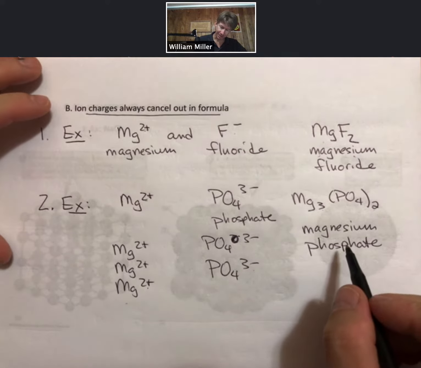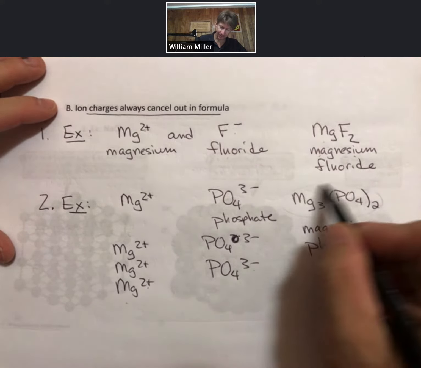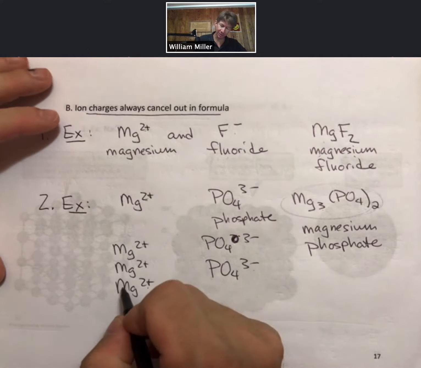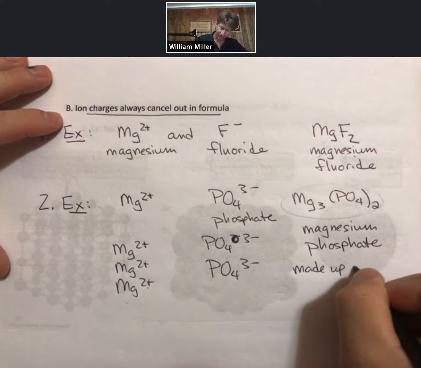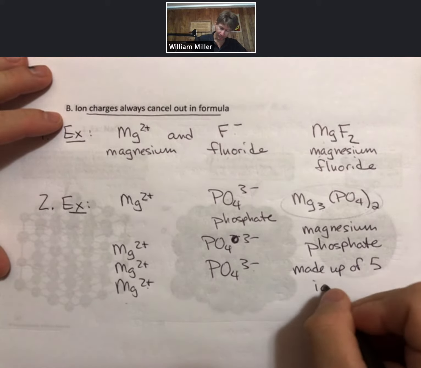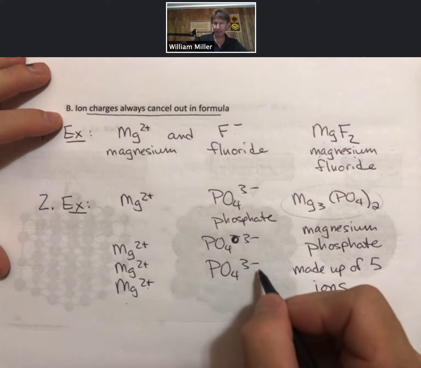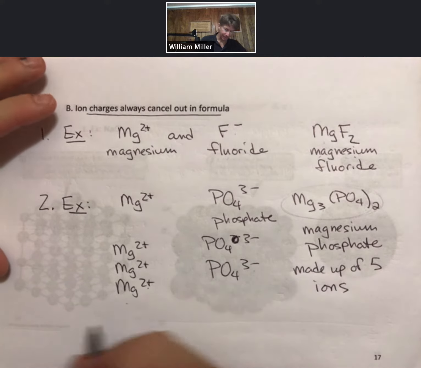Let's see what else. Oh, this ionic compound is made up of 5 total ions: three of the magnesium ion and 2 of the phosphate ion. So that's 5 total.